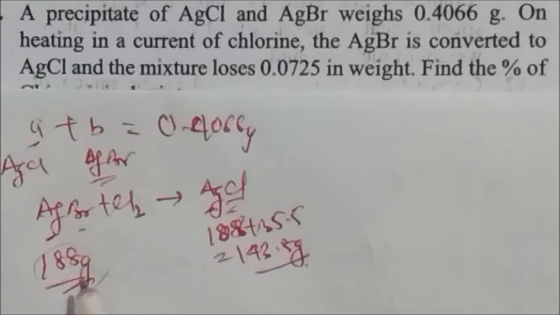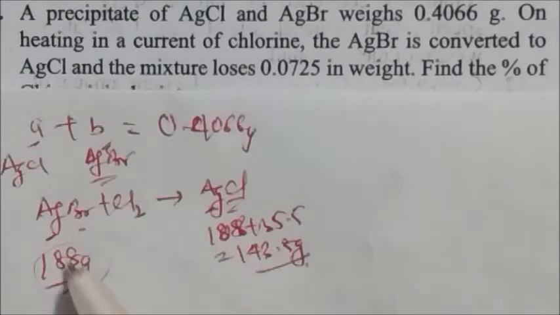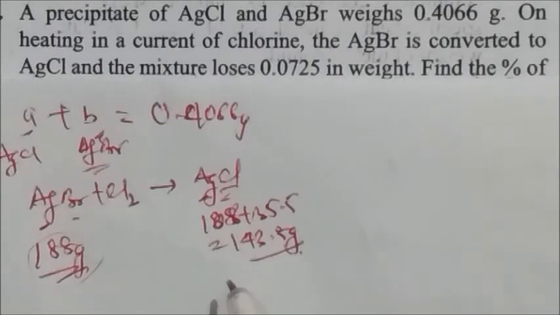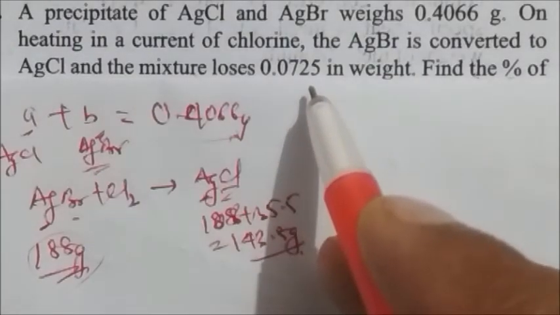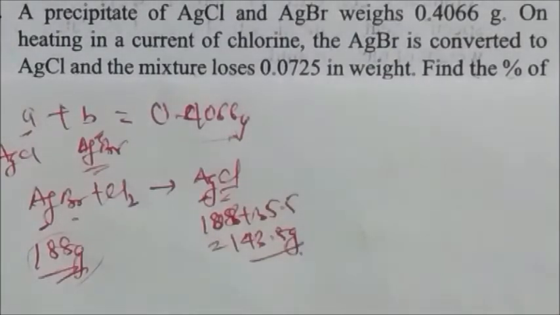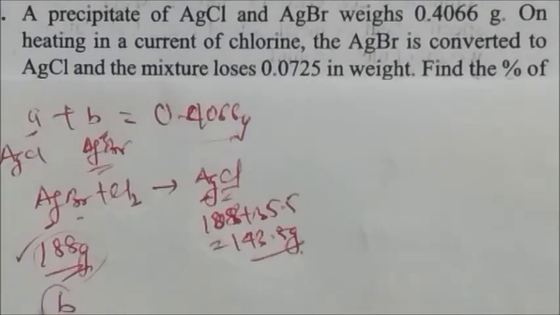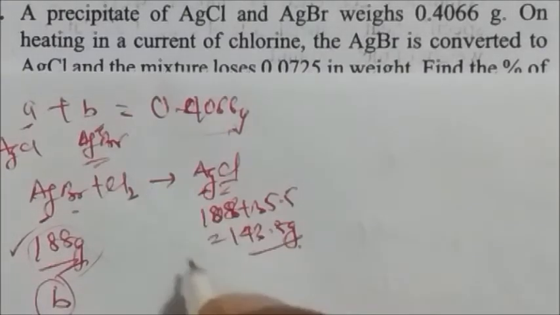So we have to find B. If you want to take the mass of AgCl, it will be the total weight given, and the weight is reduced by 0.0725 gram. So 188 gram is given this much. If you take B gram, how much weight of the B gram will be converted?